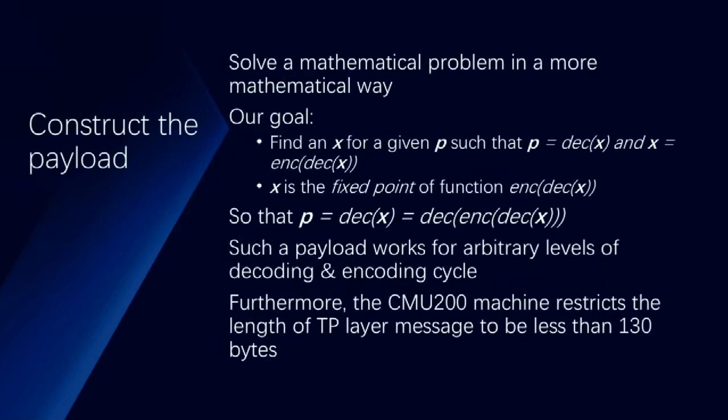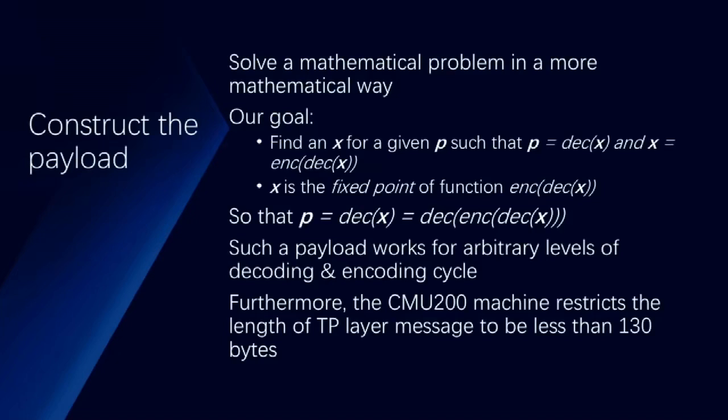As hackers trying to solve a mathematical problem, we always want to solve it in a more mathematical, more elegant way. So we adjust our goal: find an x for a given p such that p equals decode(x) and x equals encode(decode(x)). So x is actually the fixed point of the combined function encode(decode(x)).